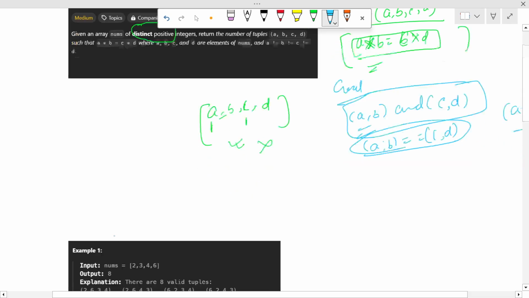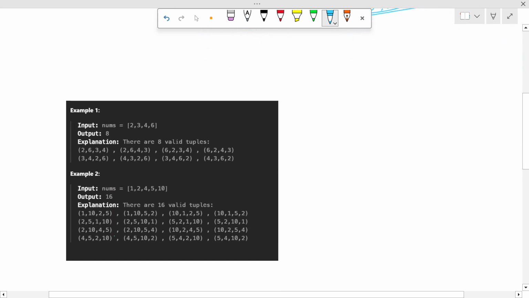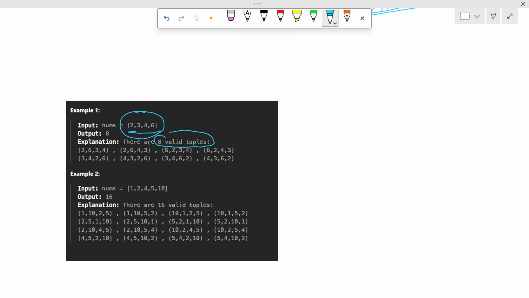And now let's look at the example test cases. In the first test case we are given 2, 3, 4, and 6, and for this we get 8 valid tuples. How do we calculate these tuples?